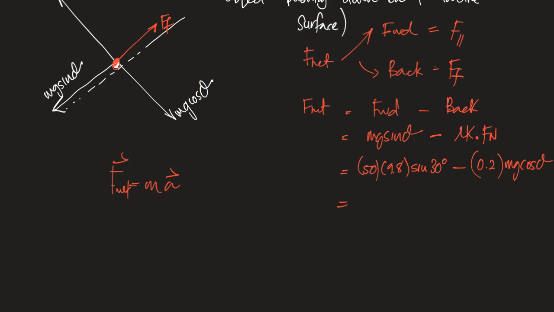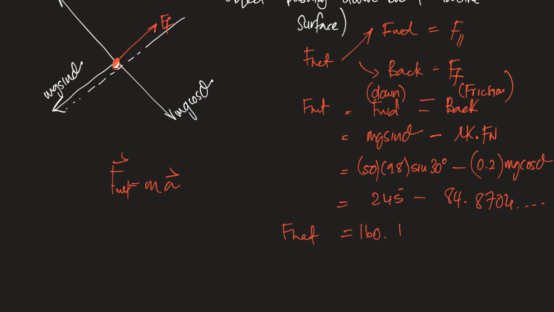Right. So my forward was the force going down, and my backward was my friction. All right. So I'm going to end up with 245 minus 84.8704, etc. And then you get F net at 160.1295104 newtons.